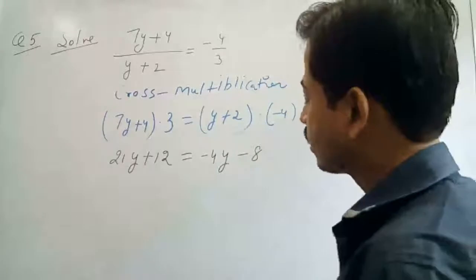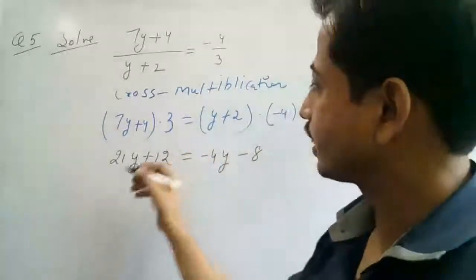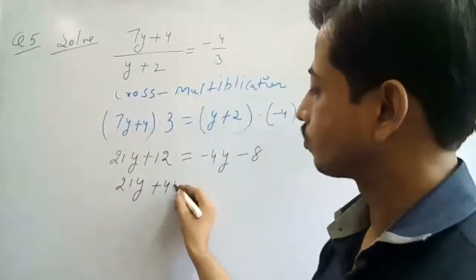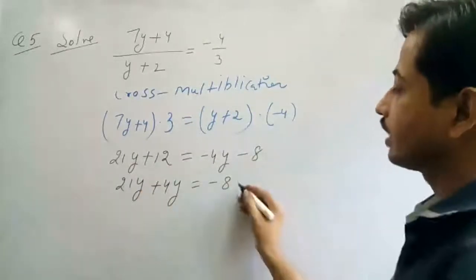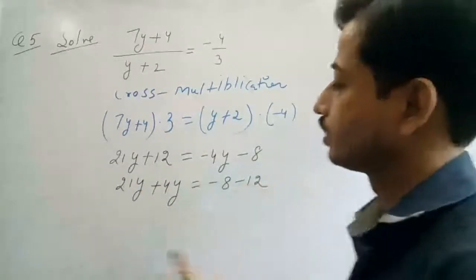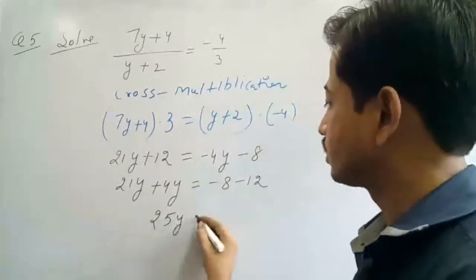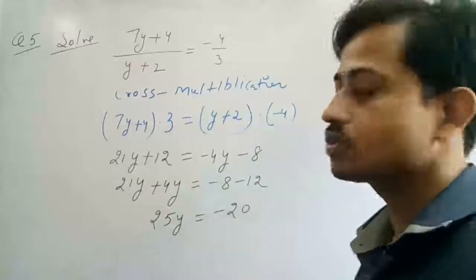Now we have to get the value of y, so we have to separate. Take this negative 4y to the left hand side, it becomes positive 4y. Same here, you have to take this 12 to the right hand side, it becomes negative. 21y and 4y, we get 25y, which is equal to minus 8 minus 12, we get minus 20.